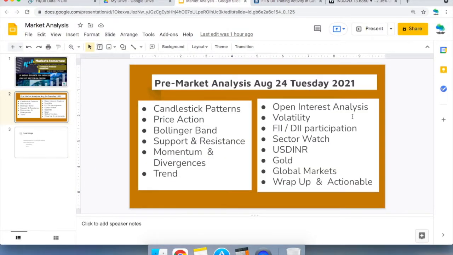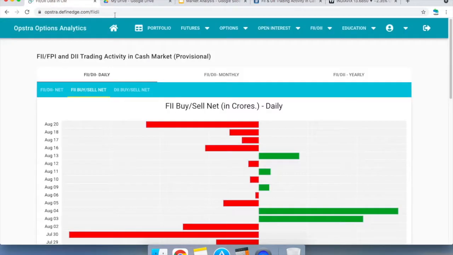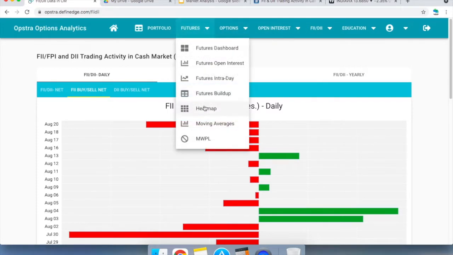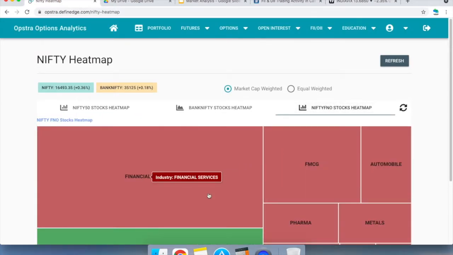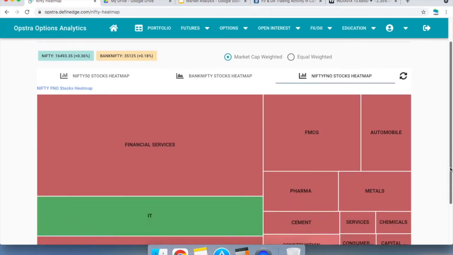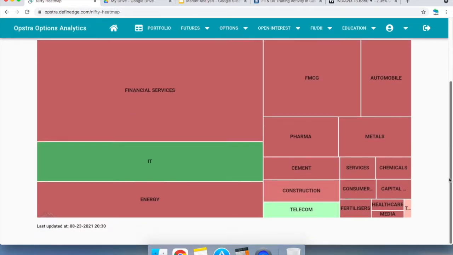Now, sectoral watch. This is the interesting thing. If you look at all the sectors, the only sector that performed today was IT. Apart from IT, nothing else, it's all red, right? So this is the action in the sectors.